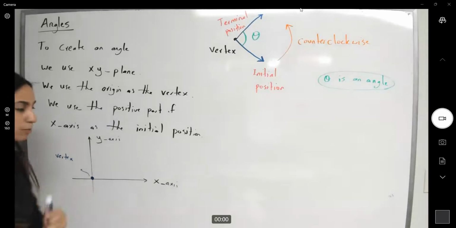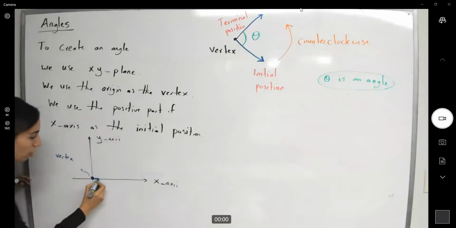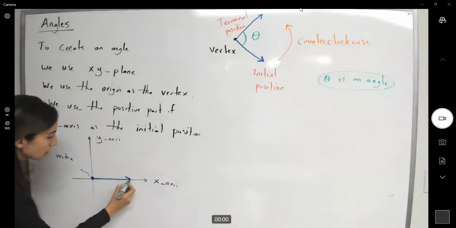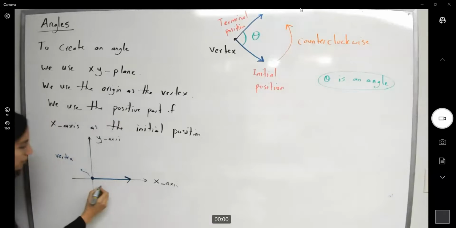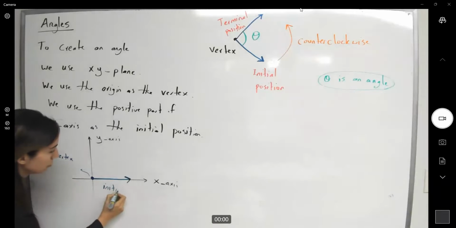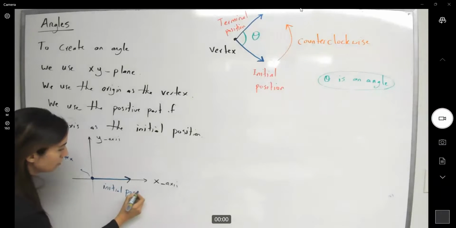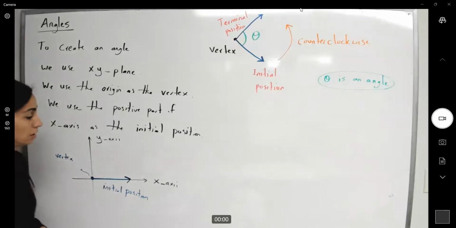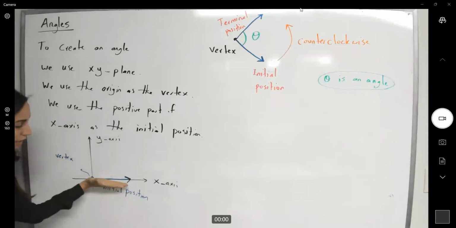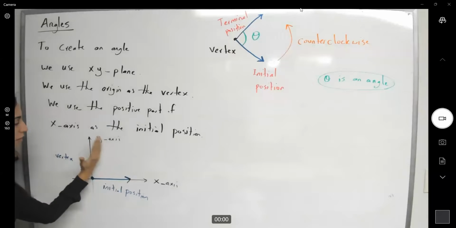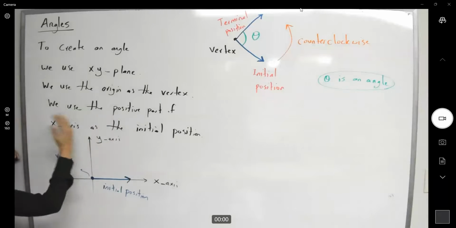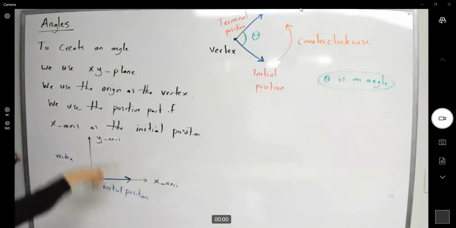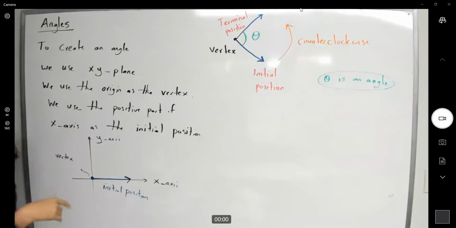And my initial position is going to be on the positive side of the x-axis. So we start taking this ray and start rotating this counterclockwise. You can just go around and keep rotating as many times as you want. But this is not our intention.